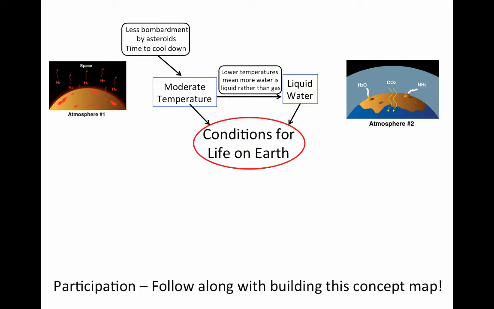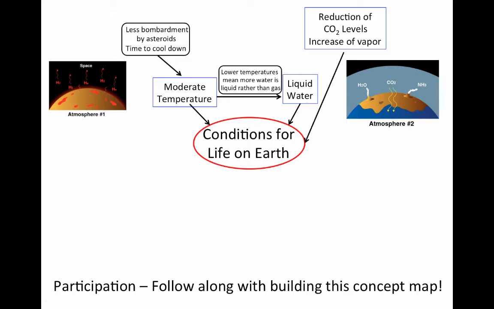So once it stopped being bombarded by these asteroids and had time to cool down, then we start to see these temperatures decreasing. Once the temperatures decrease, then we can get liquid water. So again, we've got an arrow indicating the direction of causality. Time and not getting hit by rocks leads to moderate temperature, which in turn leads to an increase in the liquid water.